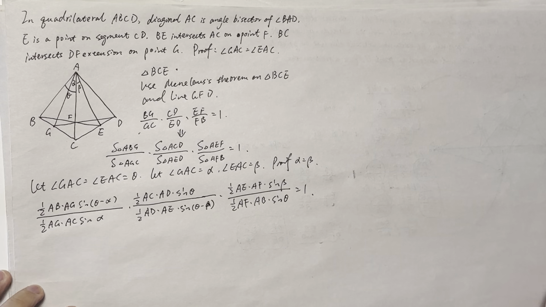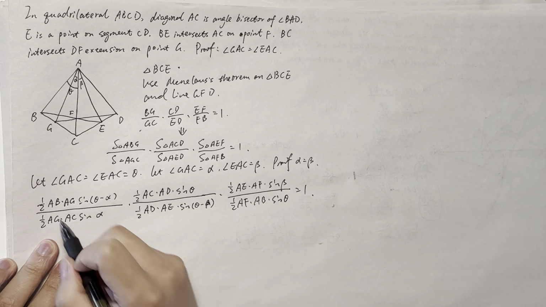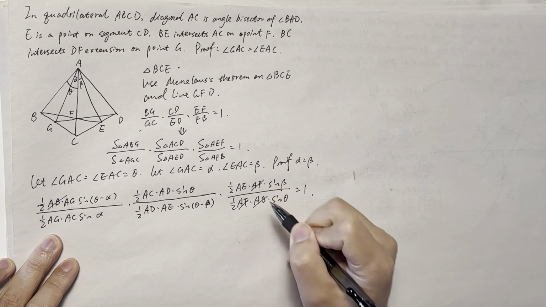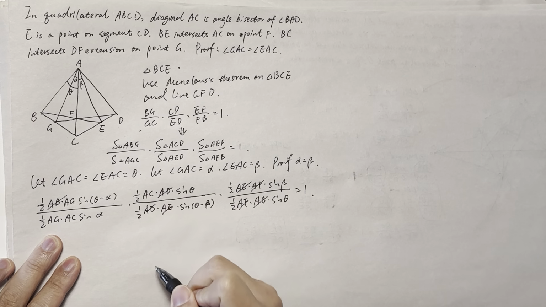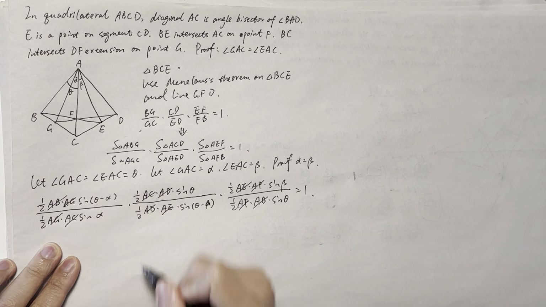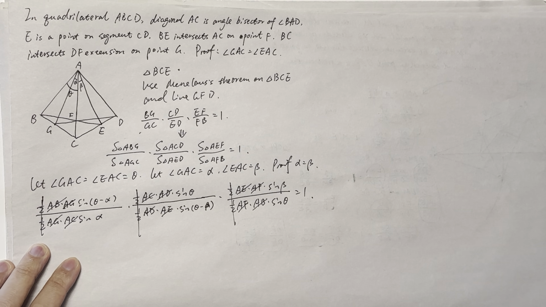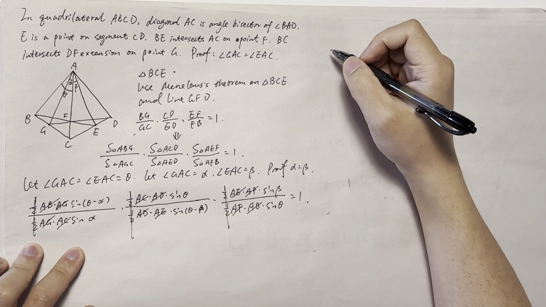This product equals 1, right? And if we look at all the terms, we can cancel AB, we can cancel AF, we can cancel AE, we can cancel AD, cancel AC and AG. All the 0.5 terms cancel each other. So we have this equation. Let me write it here.